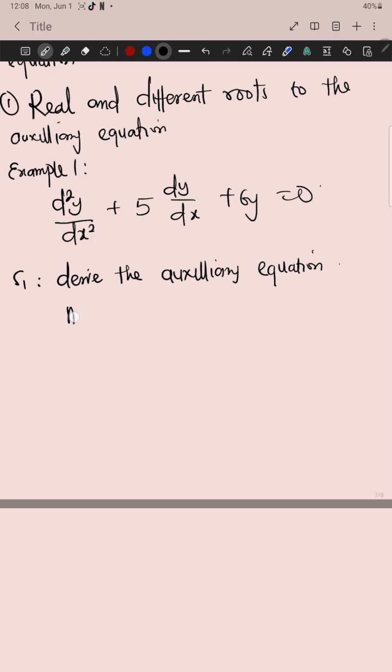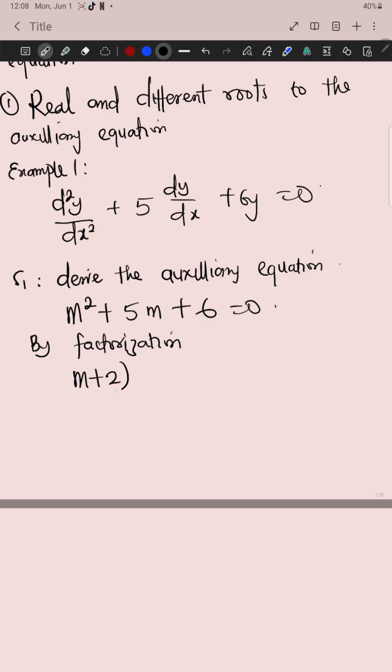If you derive this auxiliary equation, you have m squared plus 5m plus 6 is equal to 0. By factorization, what you have is m plus 2, m plus 3 is equal to 0, because the two numbers you can multiply to give you 6, and add to give you 5, are 2 and 3, right? So it means that m is equal to minus 2 or m is equal to minus 3.